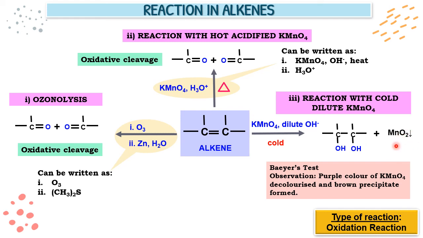Our manganese oxide is the brown precipitate. So that will be the oxidation reactions of alkenes. Remember, we have ozonolysis and reaction with hot acidified KMnO4 where we have oxidative cleavage. And lastly, we have reaction with cold dilute KMnO4, a normal oxidation reaction that gives a brown precipitate of manganese oxide.